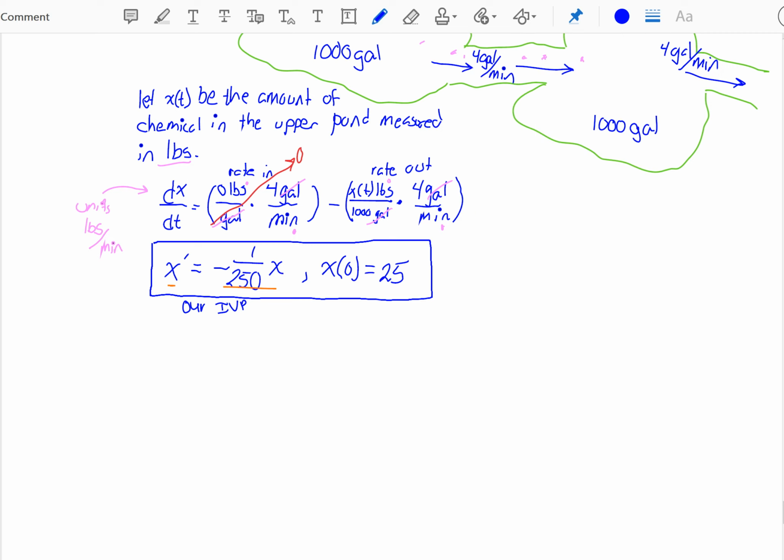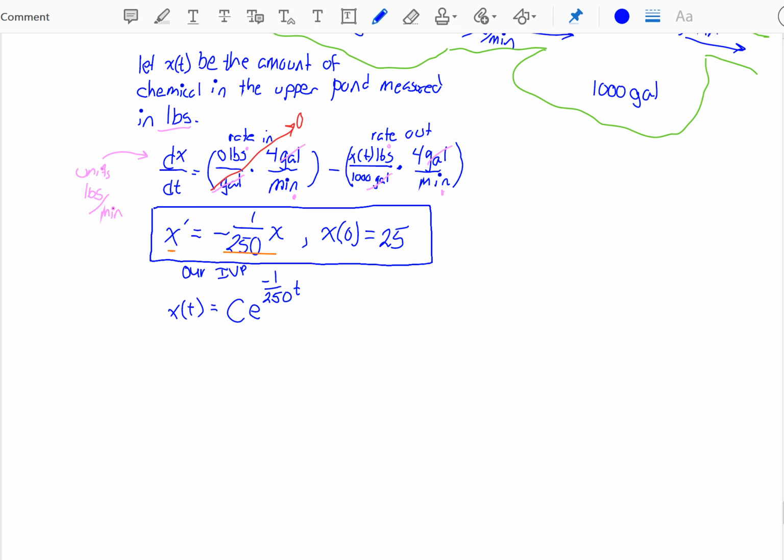This is going to allow me to skip some of the algebra and jump right to the solution. x of t is equal to c e to the negative 1/250th t. I hope this is a jump that we're feeling a little bit more comfortable making.